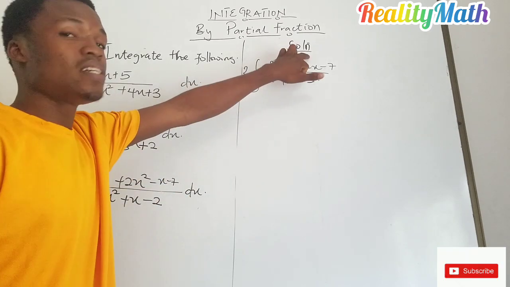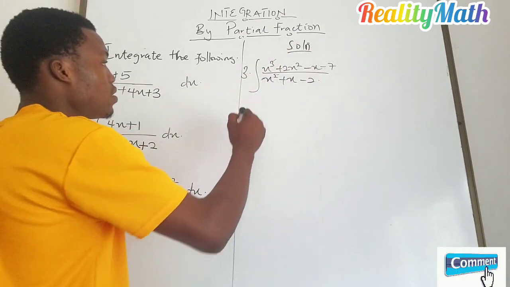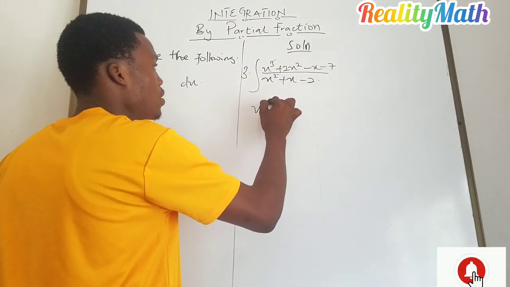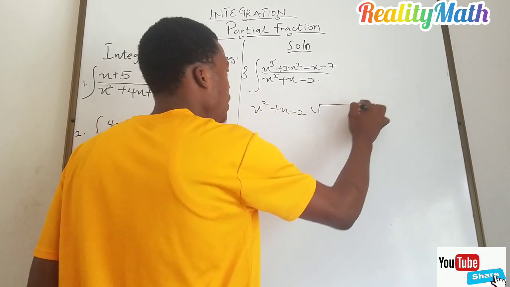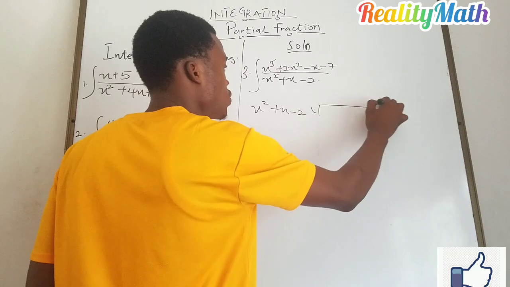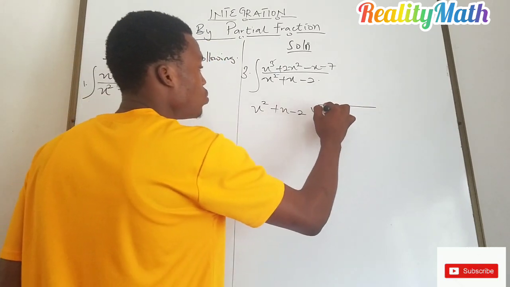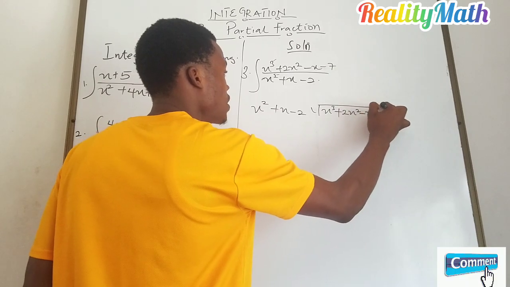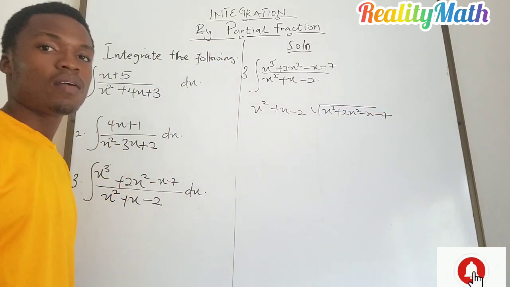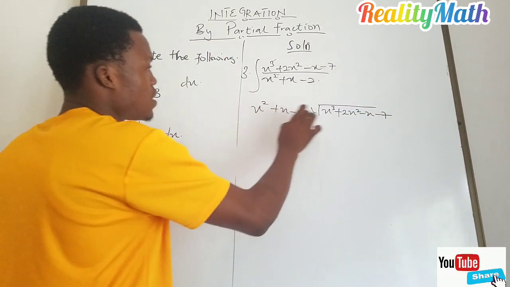So we are having x squared plus x minus 2 dividing the whole of x cubed plus 2x squared minus x minus 7.